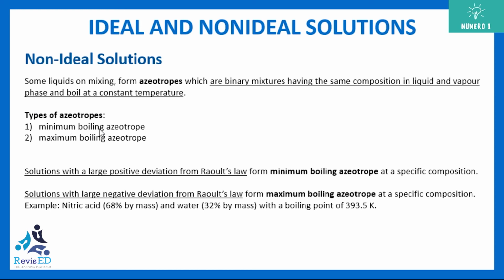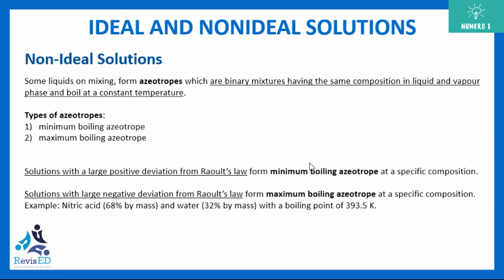One is minimum boiling azeotrope and the other is maximum boiling azeotrope. Solutions with large positive deviations from Raoult's law form minimum boiling azeotrope at a specific composition. In the same way, solutions with large negative deviation from Raoult's law form maximum boiling azeotrope at a specific composition.